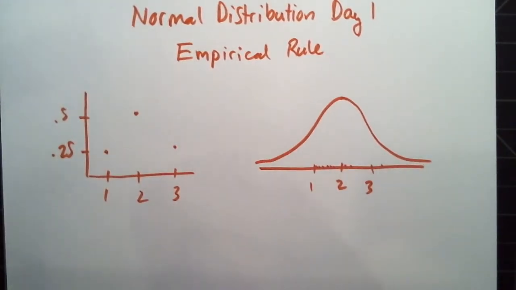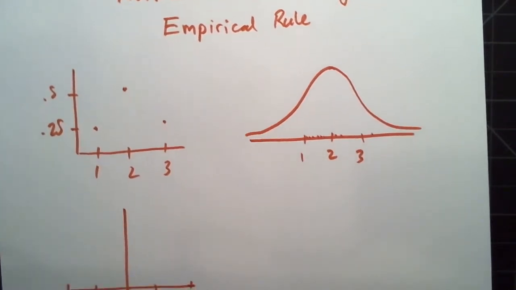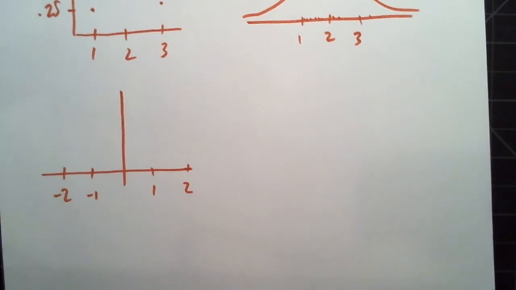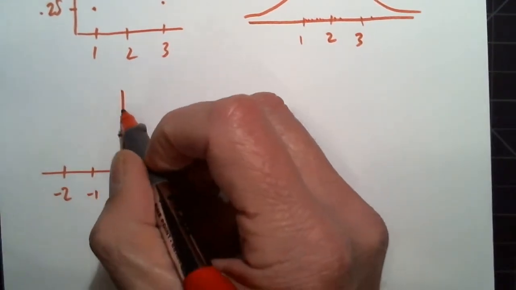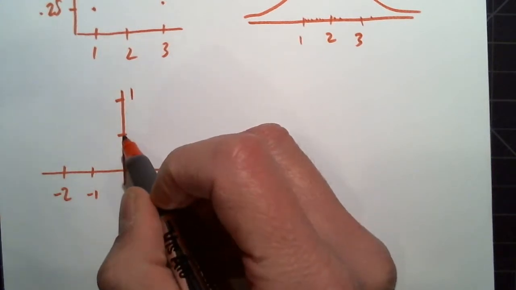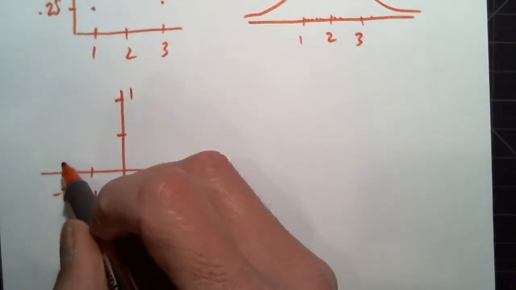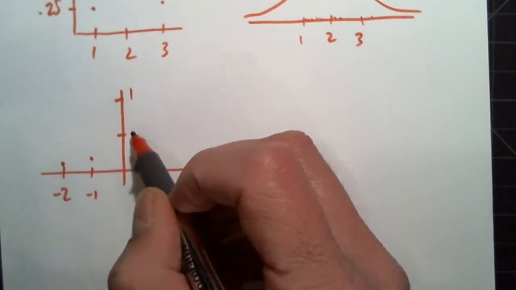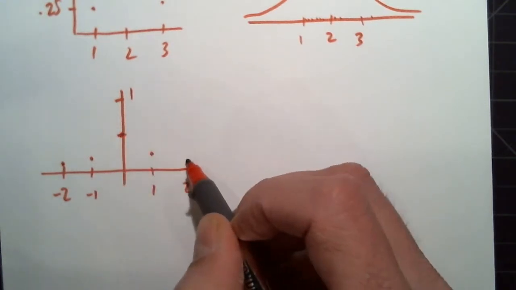When we look at another graph, we can have -1, -2, 1, or 2. So this will be 1, and that's 0.5. What if we have values like this?